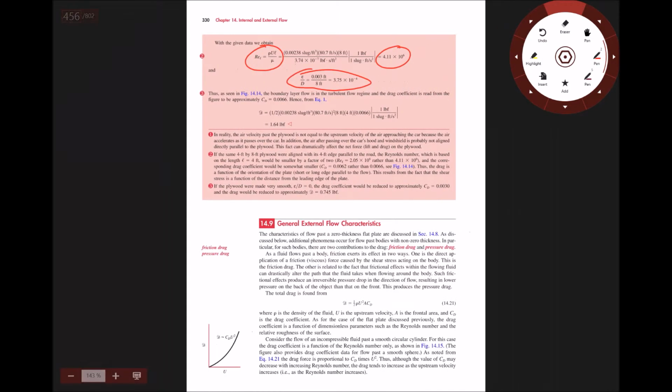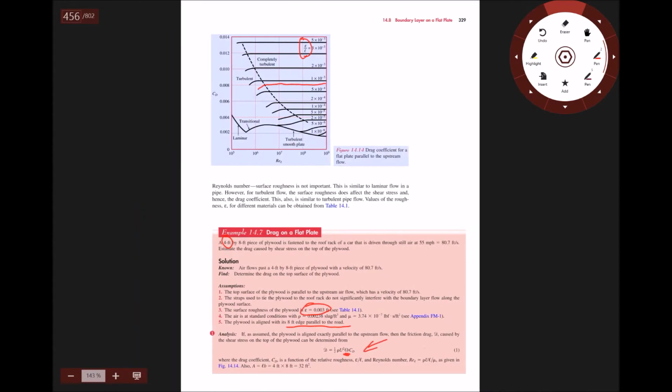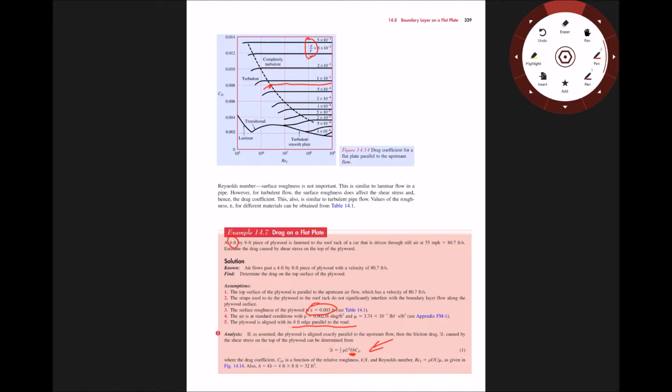So my CD is calculated around that number over there. I'm not very impressed with that. Oh, I made a mistake there.